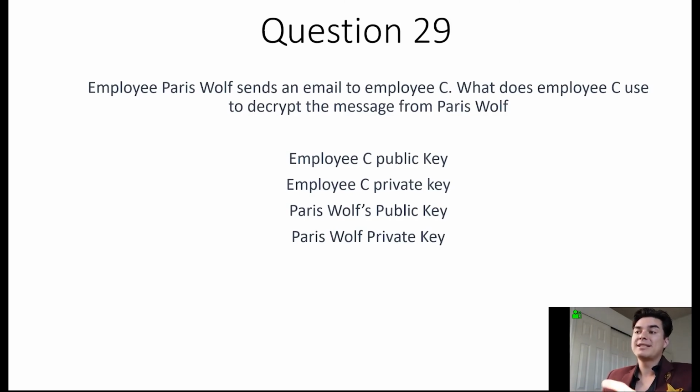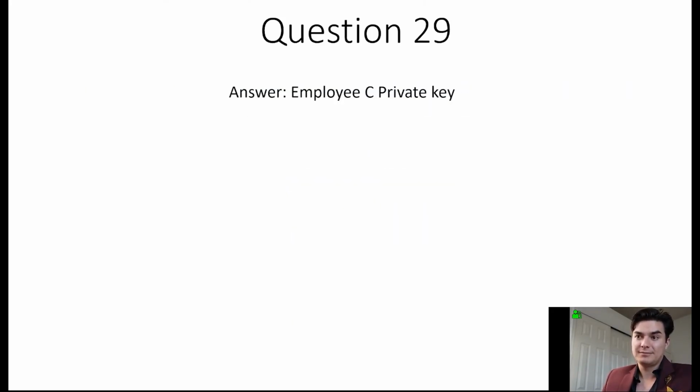And then when employee C receives that email, they're going to decrypt it with their private key. So the answer is employee C's private key. Now, if employee C was sending me an email, they would encrypt the email with my public key, and then I would decrypt it with my private key.